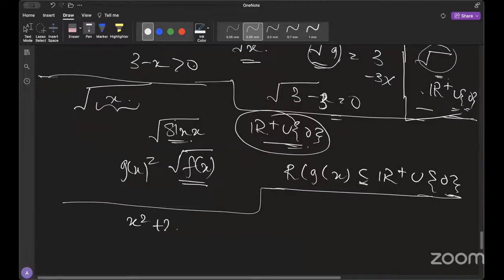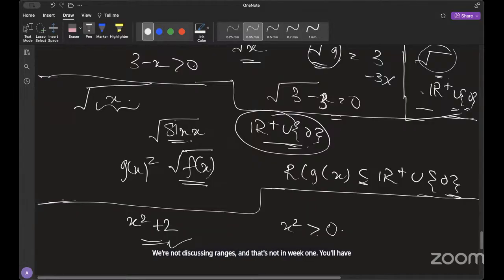You want the range of this thing? Domain and range both. We're not discussing ranges, and that's not in week 1. You will have that in later weeks. We'll discuss it there.